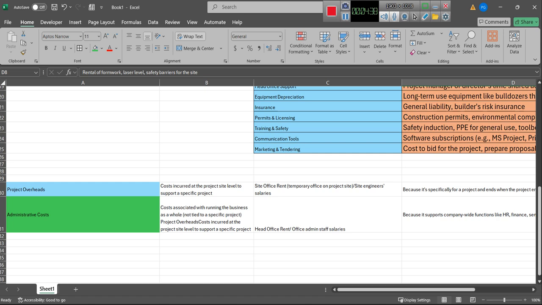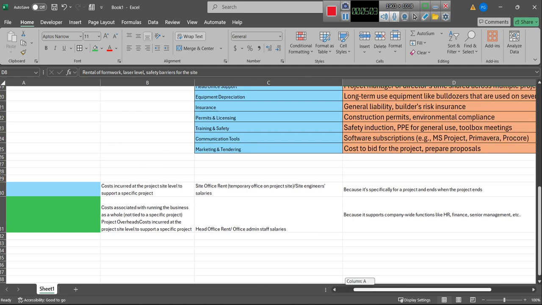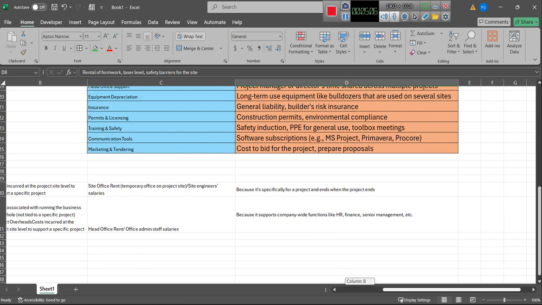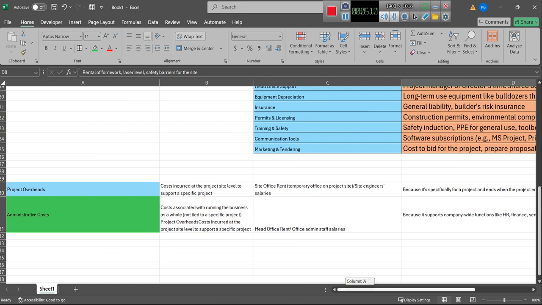For example, you rent a temporary site office on the project site, or you have site engineer salaries. These are the overhead we pay on the project. We have some people on site for maybe a couple of months supporting the project, because it's specific to a project and ends when the project ends.